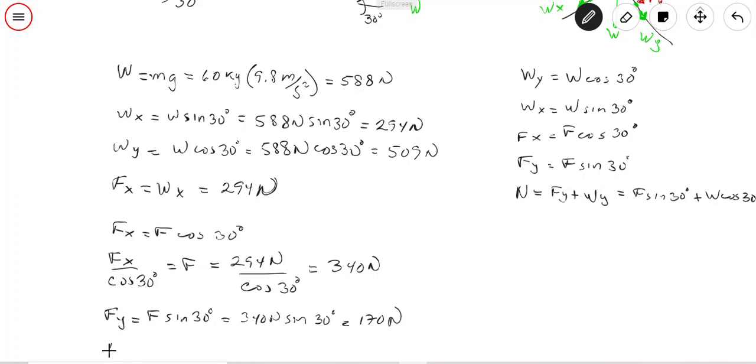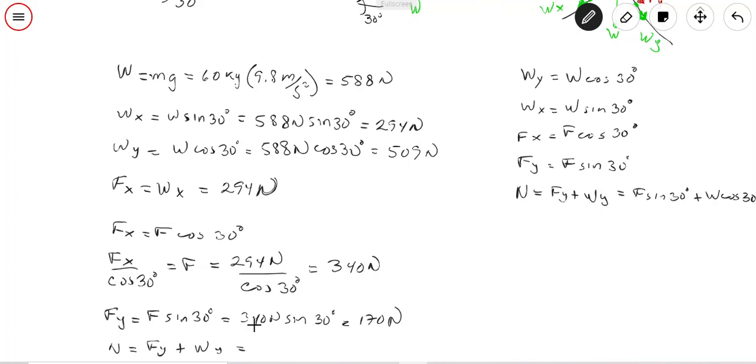And finally, we have to find the normal force, and we know that the normal force is Fy plus Wy. Let me put the terms in the same order that I wrote in the formula.